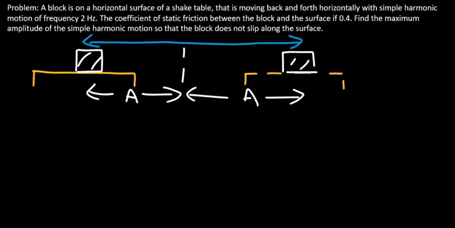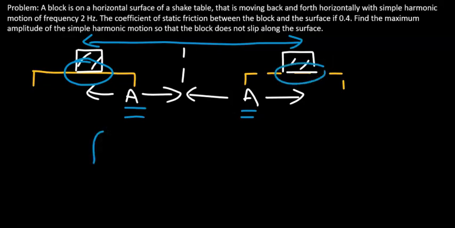Of course, we want to determine the maximum value for A, so that the block does not slip along the surface. So there is static friction between the surface of the block and the surface of the table.